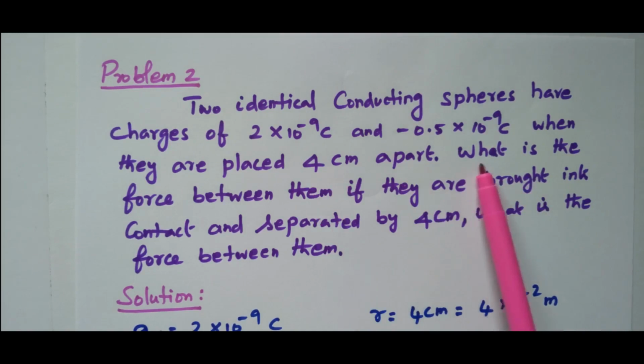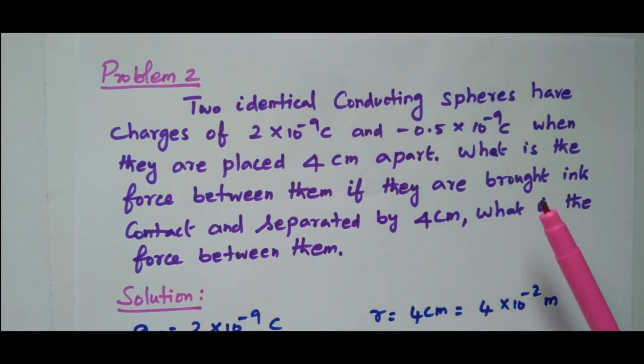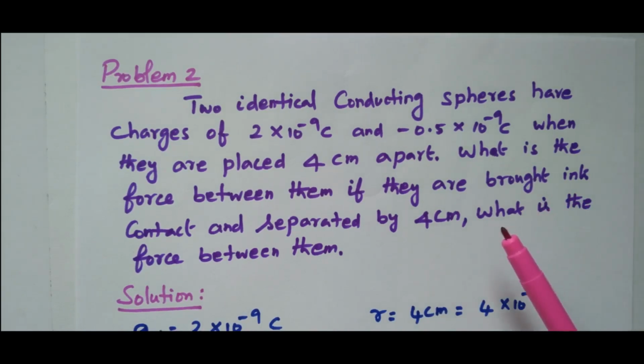We need to find the force between them, and also the force if they are brought into contact and separated again by 4 centimeter. Before and after contact, what is the force between them? That is the question.